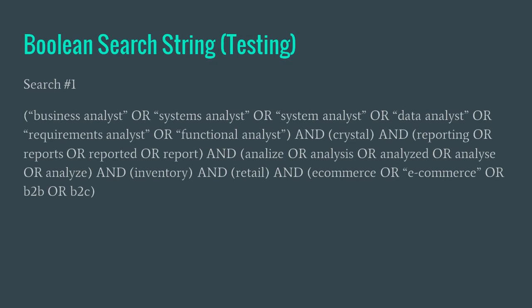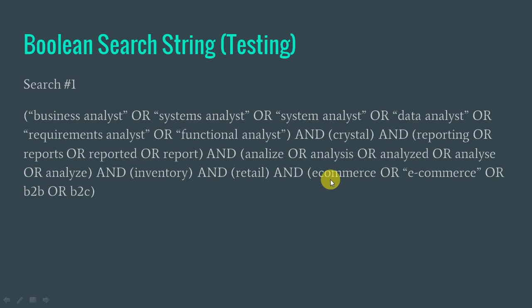And also the word analyze, not really the correct spelling: analysis or analyze or analyse, Z with S, whatever it is, because some profiles have it misspelled. And the word inventory and the word retail. This is a very specific search string.